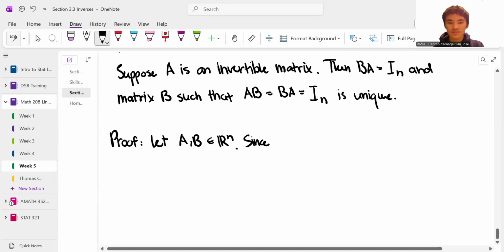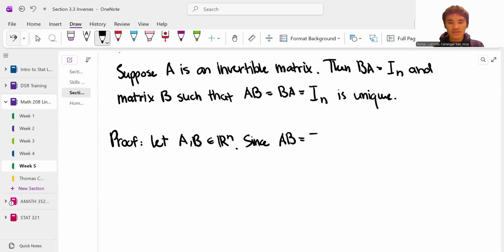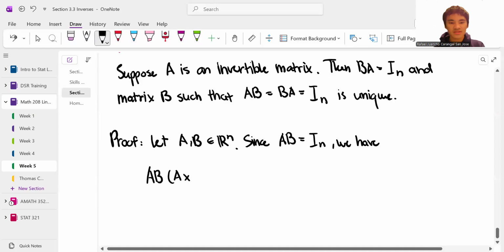Now, since AB is I sub n, we have, let's say, AB times this matvec, which is the same thing as the identity times the matvec, which is the same thing as the matvec.